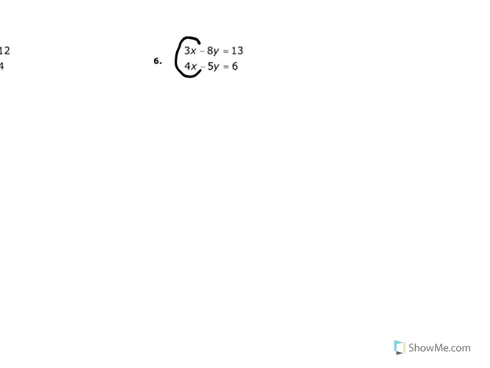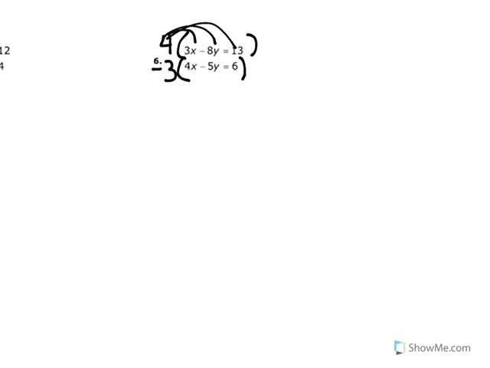And since these are both positive, 3x and 4x, I could multiply this one by negative 4 and this one by positive 3. Then I end up with negative 12x here and positive 12x there. So there's several different ways you could do it. So you just have to pick the one you want to do. I think what I'm going to do is multiply this top equation by 4 and this bottom equation by negative 3. That's what I'm going to do.